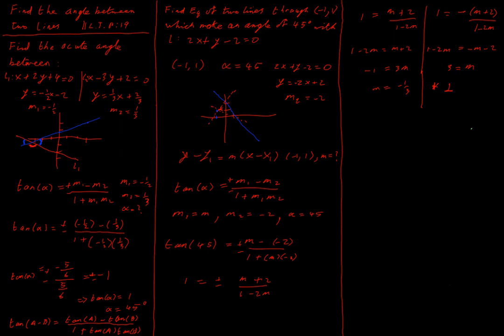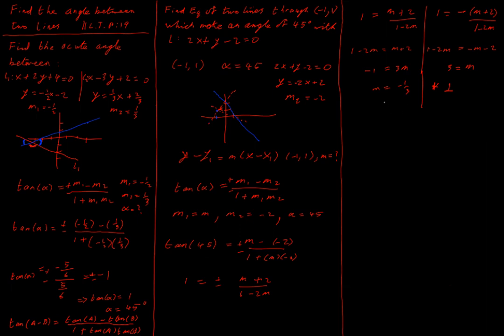And I can see, as I expected, that these two lines are perpendicular to each other. This is the negative reciprocal of this, so they're perpendicular, as expected from the sketch. That won't always happen when you're looking at the angle between two lines by any means, but it will happen when the angle is 45 between them.